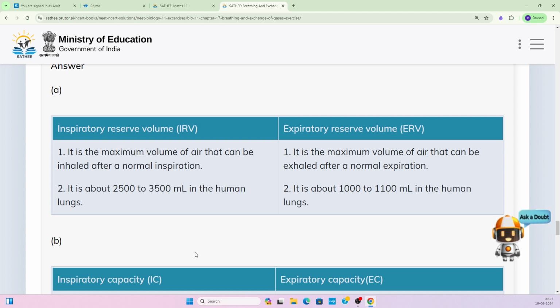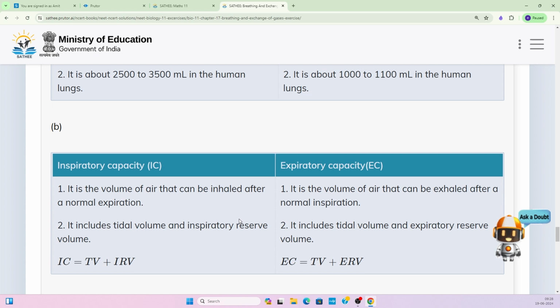The volume of IRV, inspiratory reserve volume, is around 2500 ml to 3500 ml in the human lungs. Expiratory reserve volume is about 1000 to 1100 ml in the human lungs. So these are the different volumes of IRV and ERV.